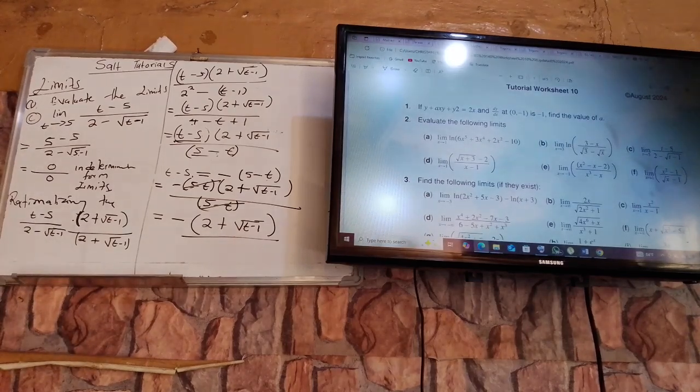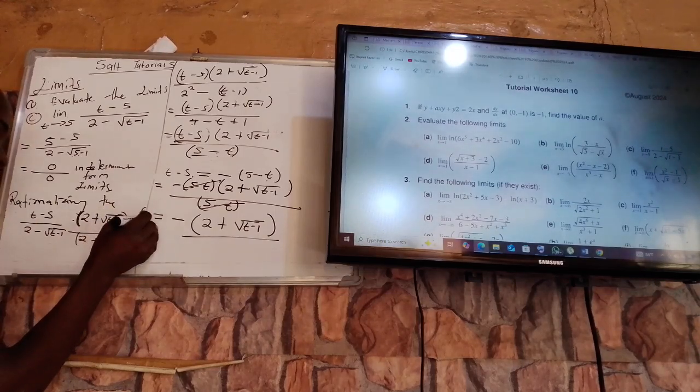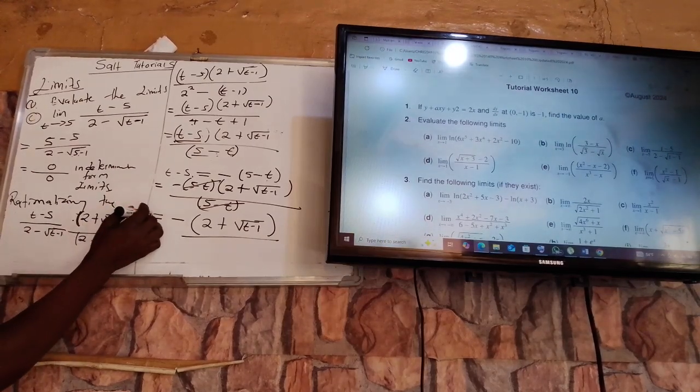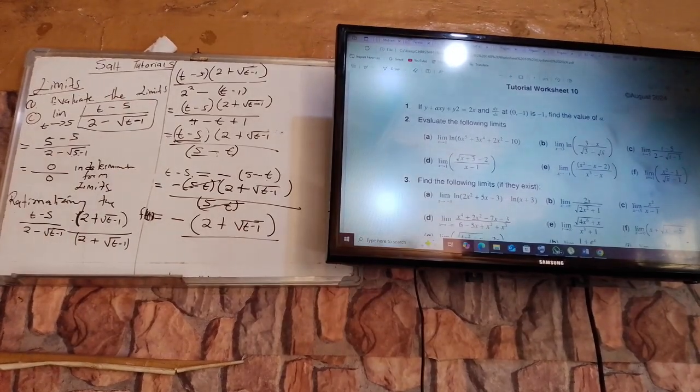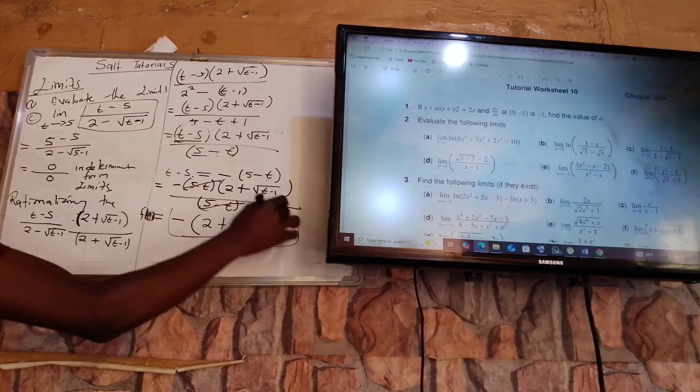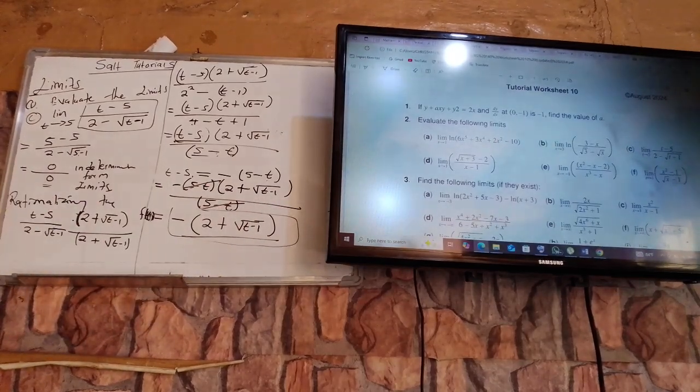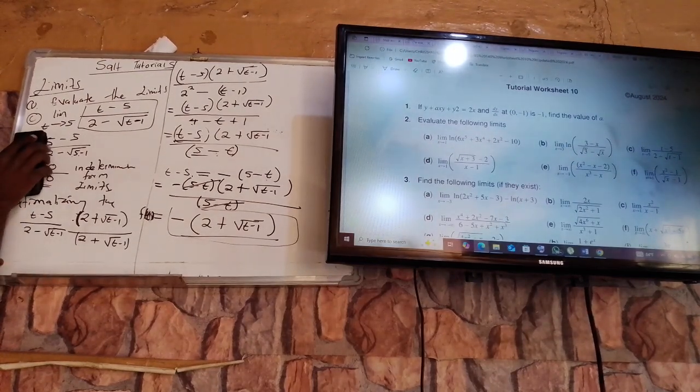Remember, we were just trying to rationalize the function so that it should not become an indeterminate form. So this is our f of t, which we are going to place back here. Instead of using the original, we'll use this one, because we don't want an indeterminate form, a 0 over 0 expression. So let's take it back.